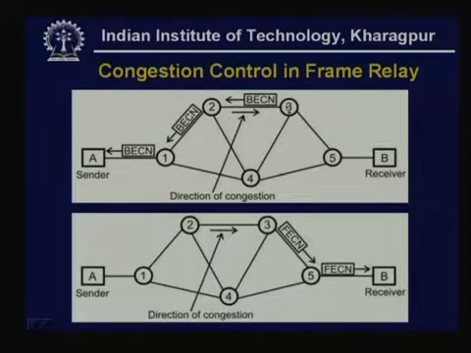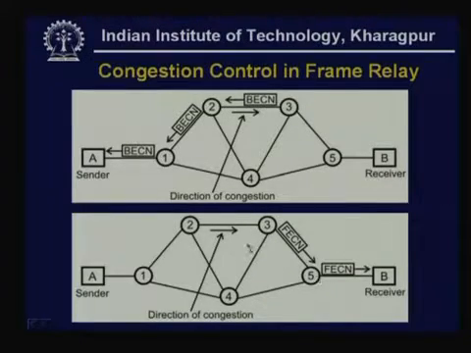Then comes the FECN bit. Here you see there is this forward explicit congestion notification. This bit is used to inform the receiver. Whenever there is congestion in this part of the network, this bit is set, and the receiver is informed about the direction of congestion.